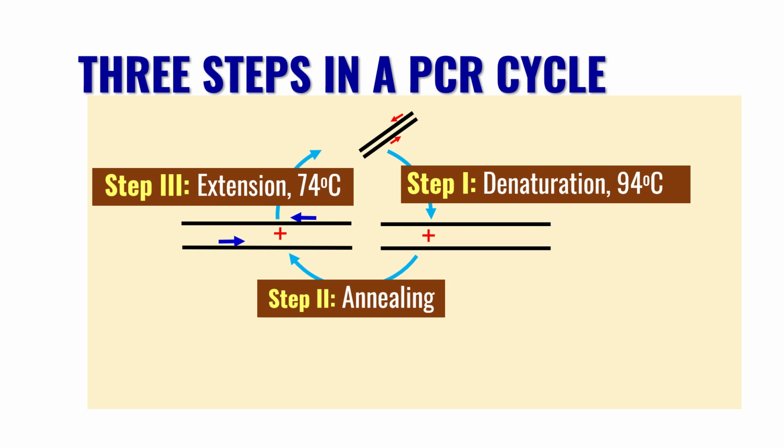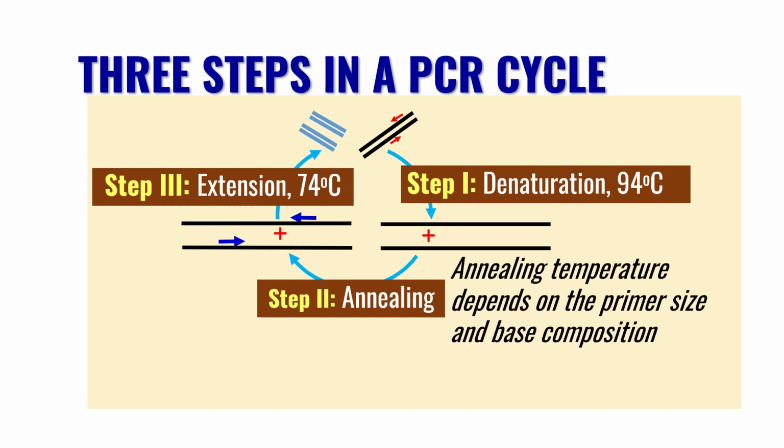This is a very high temperature. This is the optimal temperature for this enzyme. That is why it is called heat resistant. It can survive. You can boil this enzyme for a couple of minutes and it will be active, and the product will be doubled.